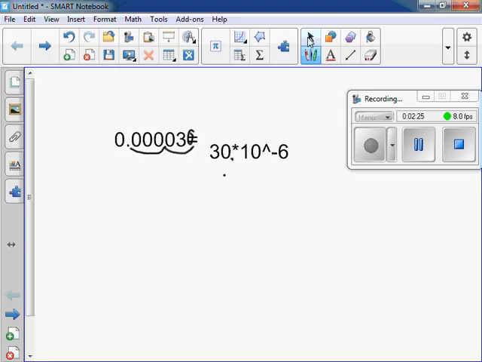All right, so now let's do another number. Let's go the other way. So this time my number is 4,300,000. Once again, I'm going to grab my decimal point. And guys, for big numbers, the decimal point is always at the end, right?